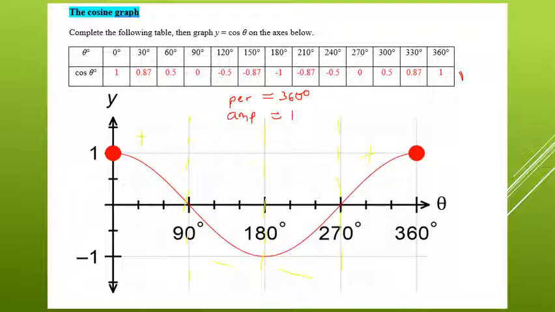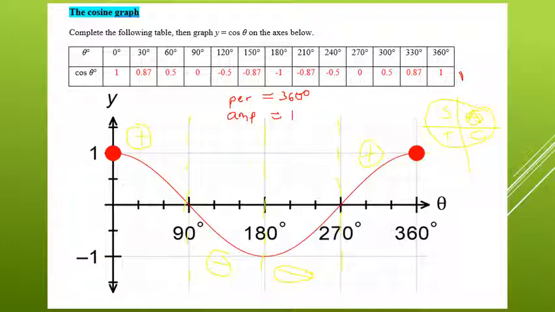Remember we had our little circle here, we had A, S, T and C. Cos is positive in the first quadrant, just like over here. In the second quadrant only sine is positive, so therefore cosine is negative, negative values down here. Third quadrant, negative values again, because only tan is positive there. And in the last quadrant, cos becomes positive again.